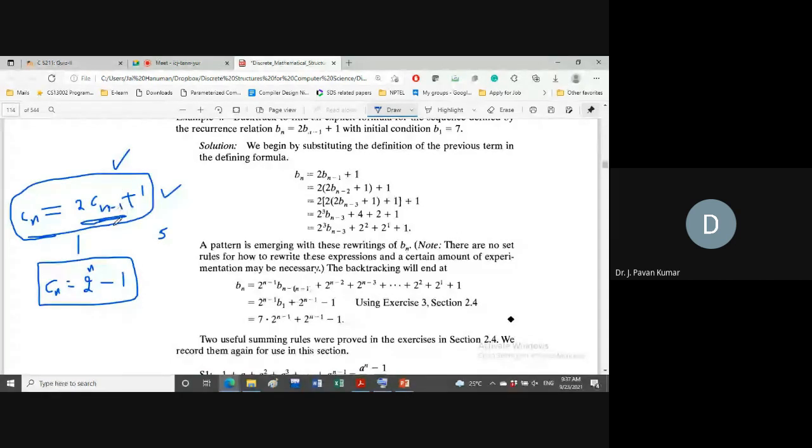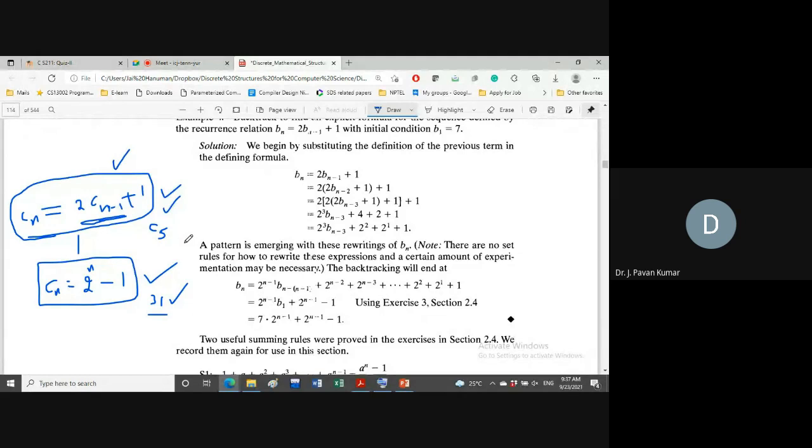We have to calculate all those values, then only can we get the value of C5. Whereas with the explicit formula, straight away we can substitute n as 5, and we get 31 moves.